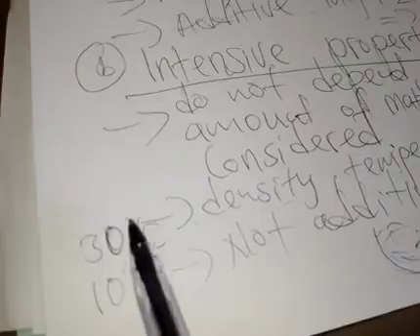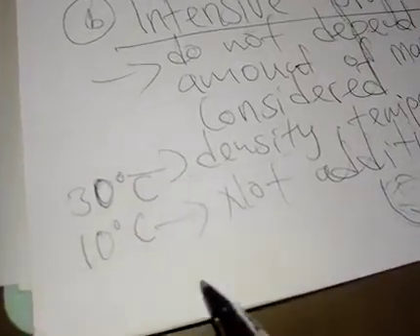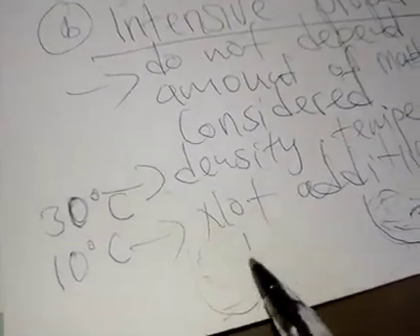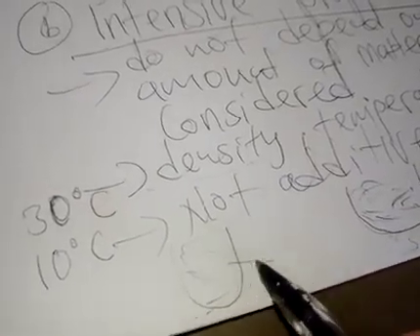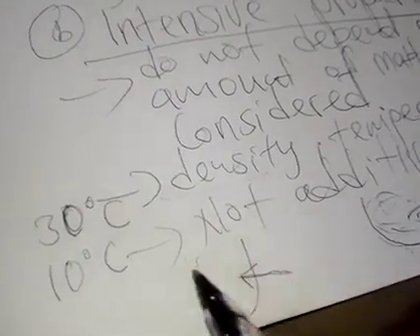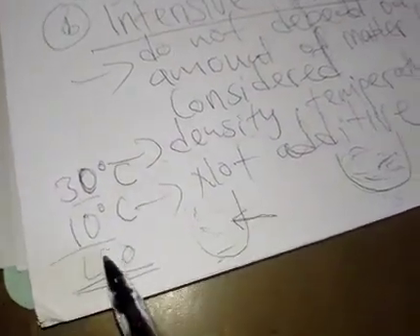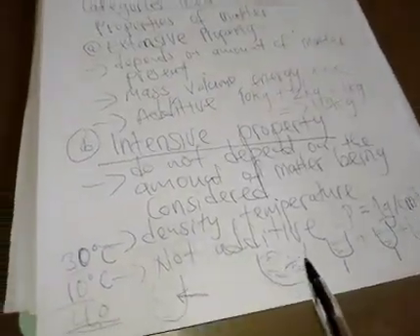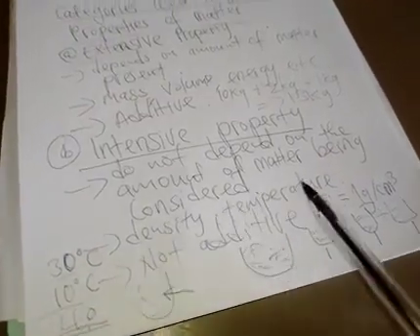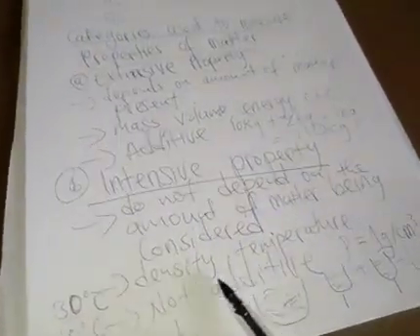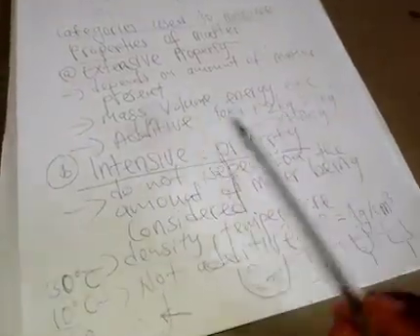Then let's say we put those two liquids in one vessel. Can we say the total temperature of the combination of the two liquids will be 30 plus 10, which gives us 40? No, of course, we can't do that. So these are simply examples of intensive properties. Take note that intensive properties are those that are not additive. You can't just add them like that. But for extensive properties, you can add them like that.